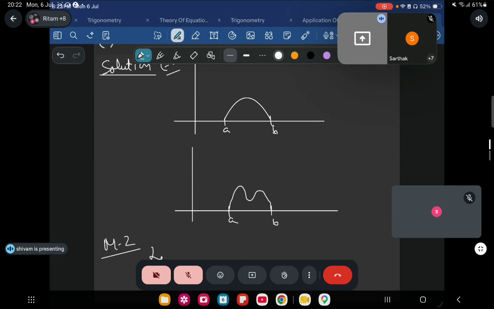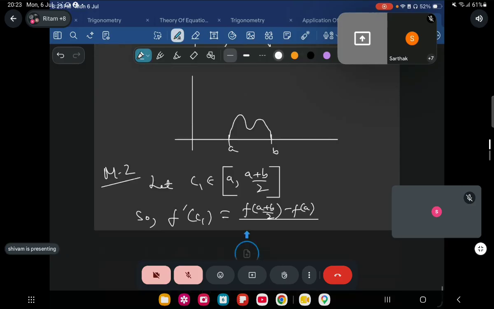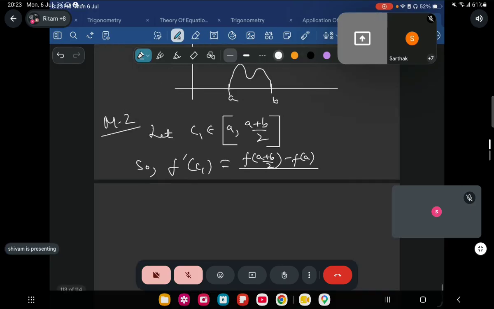What you can do is you can take c1 belongs to (a, (a+b)/2). So f dash at c1 will be equal to [f of (a+b)/2 minus f of a] upon [(a+b)/2 minus a]. Right, tell me, everyone.